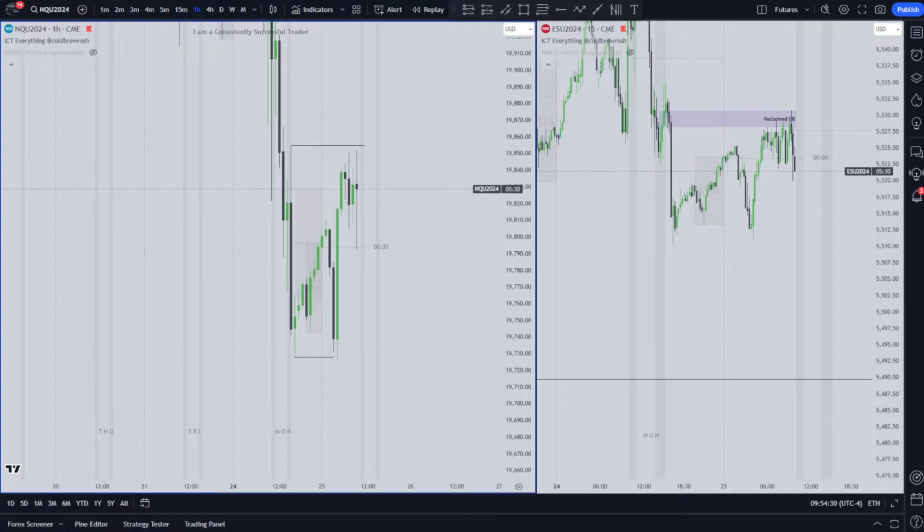I'm not going to explain it too much. Essentially, it's different types of fair value gaps and how they mean different things. The next slide explains it better, but the difference between how this fair value gap is formed and how this one is formed is quite big, and it creates a really high probability lower time frame condition, basically power of 3, but more like AMD.